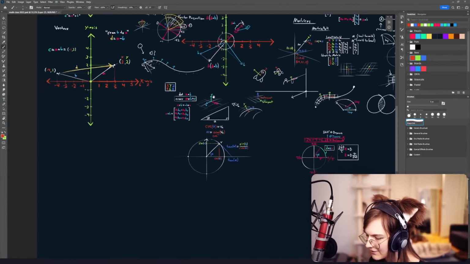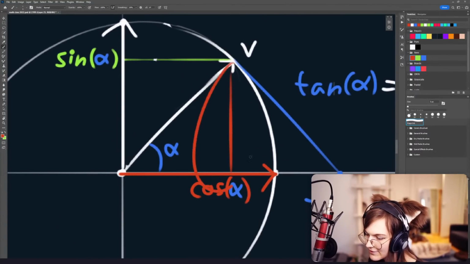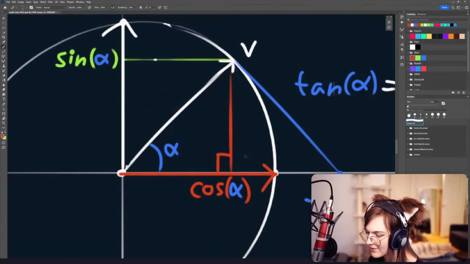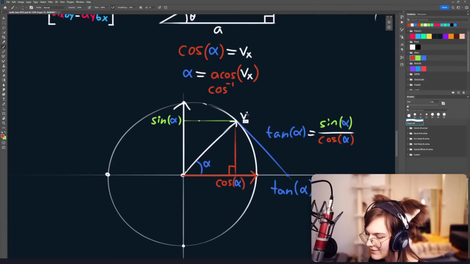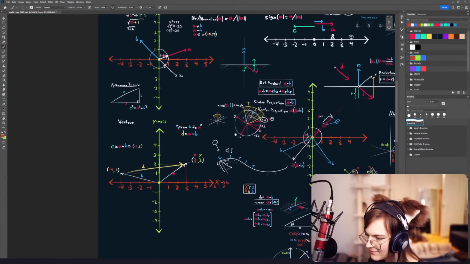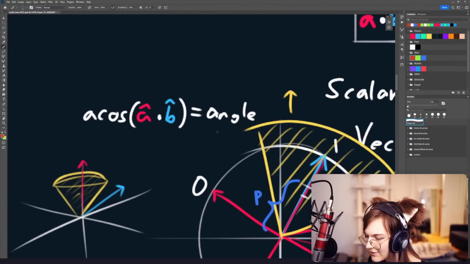If we go back to our trigonometry here, those two vectors are the vector v and the x-axis. And so what you're looking at here is the dot product, right? We're projecting v onto the x-axis, and that is the cosine of alpha. So if we do the arc cosine of the dot product between the two vectors, we get the shortest angle between those two vectors.